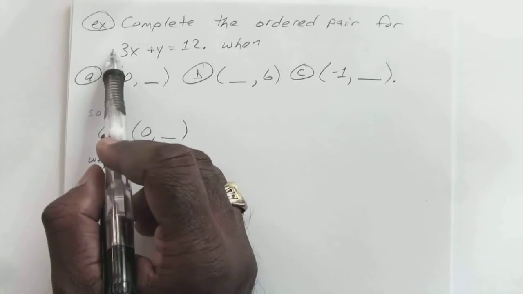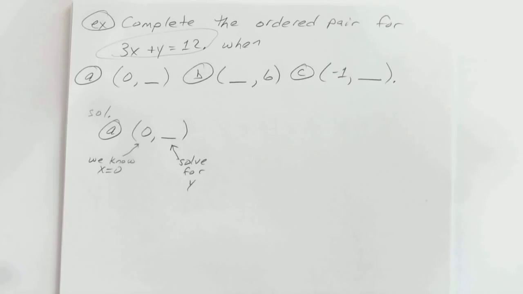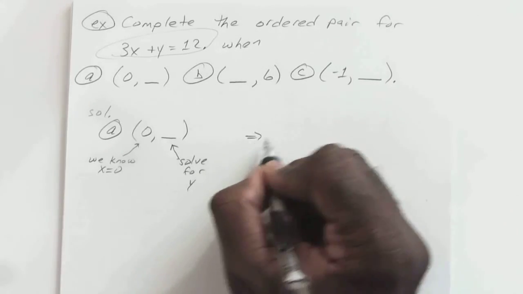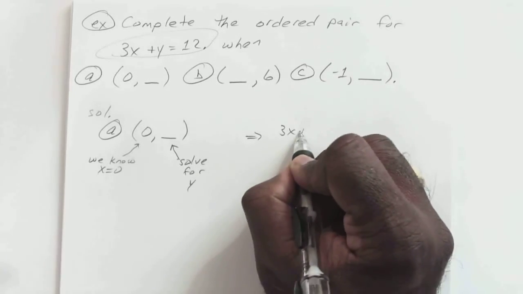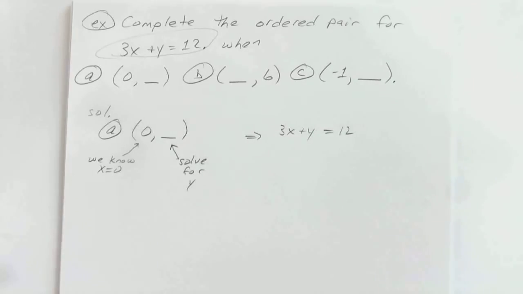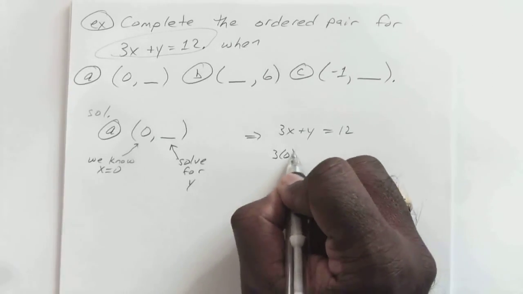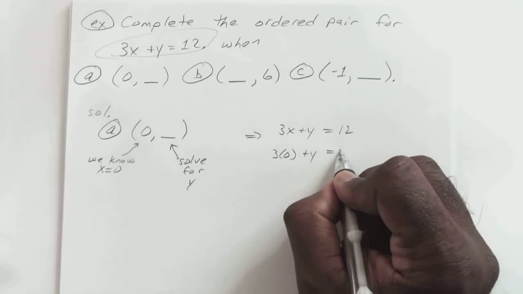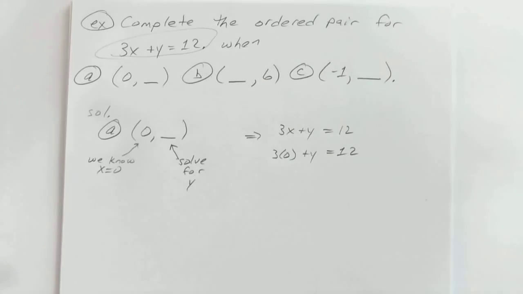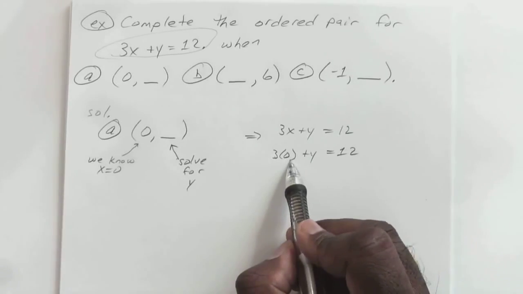Okay, so we know this is our equation here. So that means 3x plus y equals 12. We just become 3 times 0 plus y equals 12. Okay, so we know 3 times 0 is just 0.